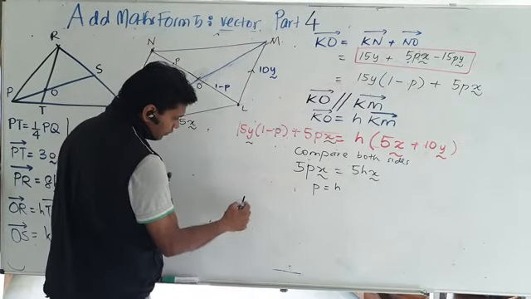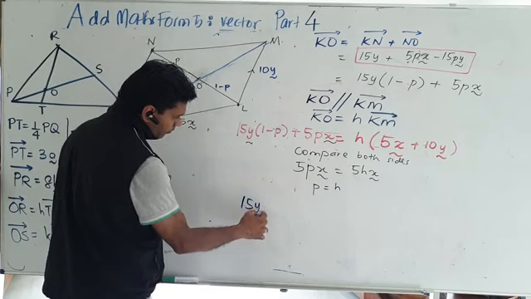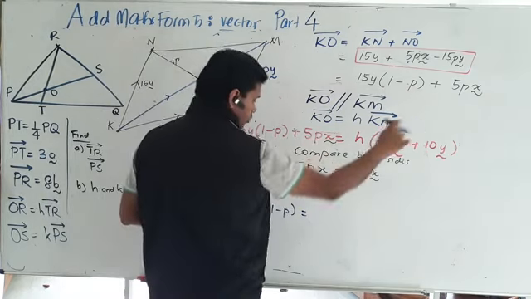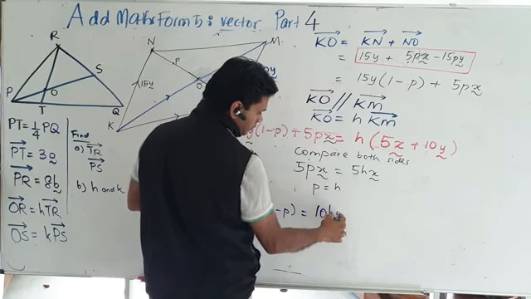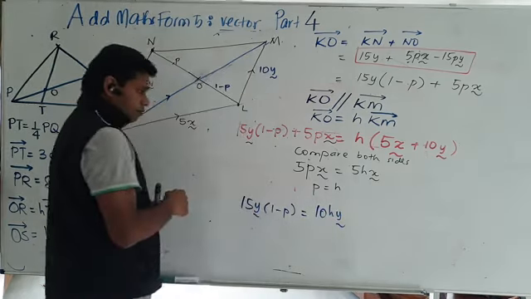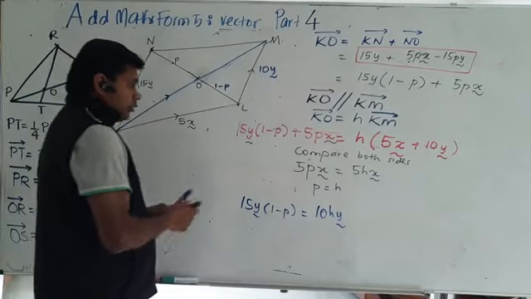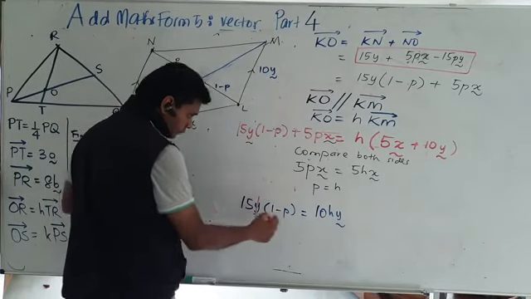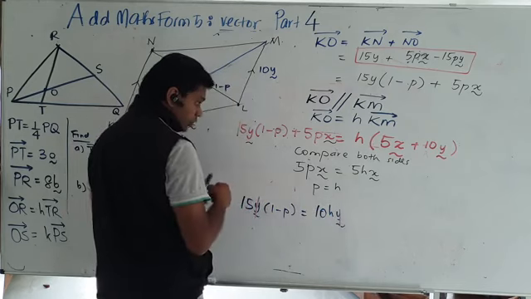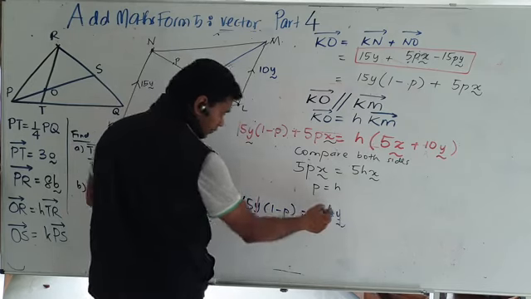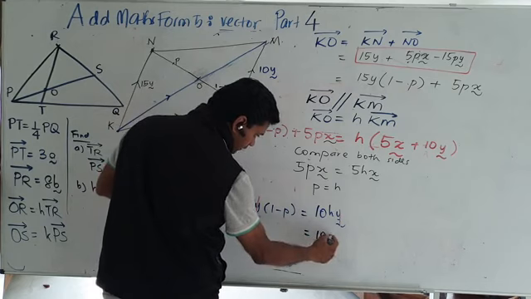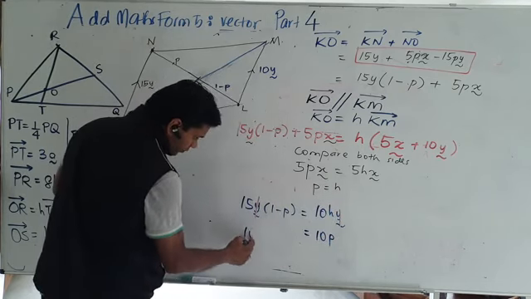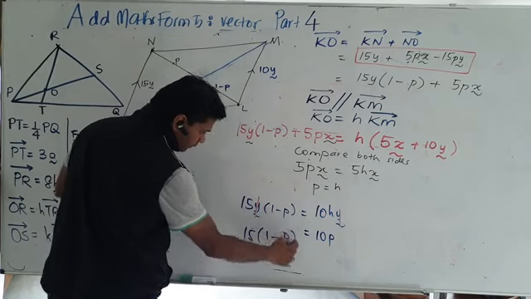The y value is 15y(1 minus P), which must equal the other side's y, which is 10hy. Here y and y cancel, so y goes off. H is actually P, we have found that. So let's substitute H as P: 10P. Over here is 15(1 minus P).